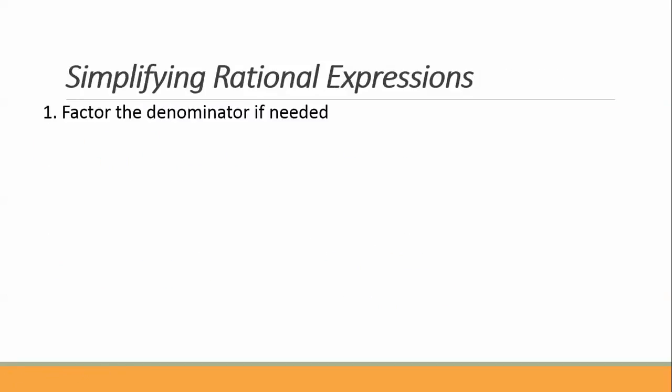Next, we're going to simplify rational expressions. Here are the steps for simplifying rational expressions. We want to factor the denominator if needed. Then we want to find the least common denominator. The reason we're factoring the denominator is that then finding the least common denominator is easier.